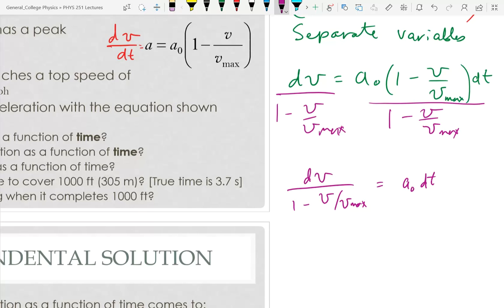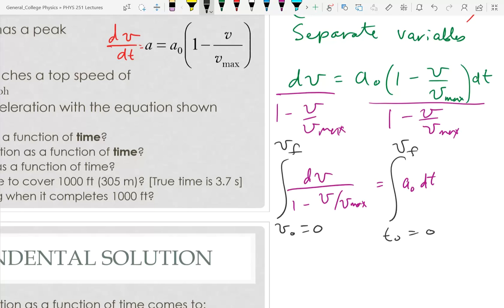The fun calculus bit, otherwise known as integrate each side independently. Now I put v0 to v final and t0 to t final. v0 and t0 have to be at the same time. v final and t final have to be at the same time. What time is our problem going to start? 0. We'll start our stopwatch when the race starts. What's the speed at the instant the race starts? 0. So our lower limits are 0 for both. That makes life a little easier.